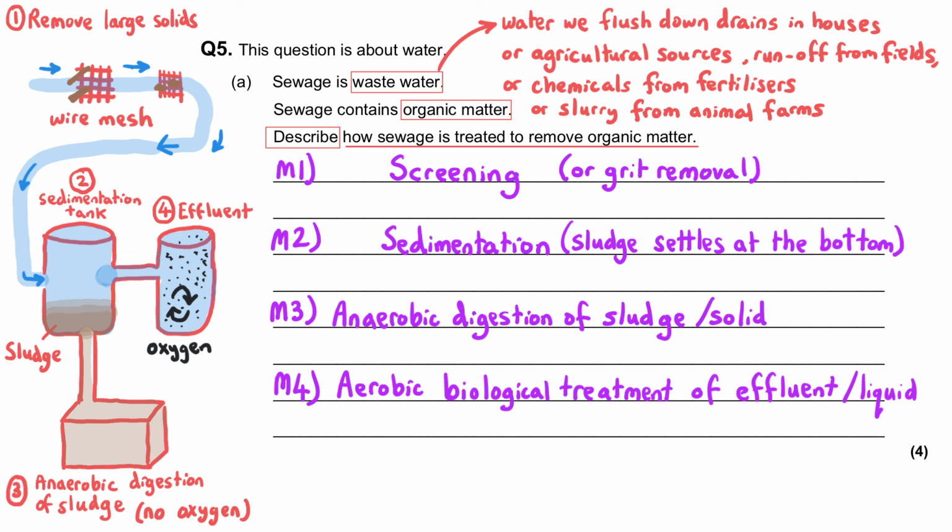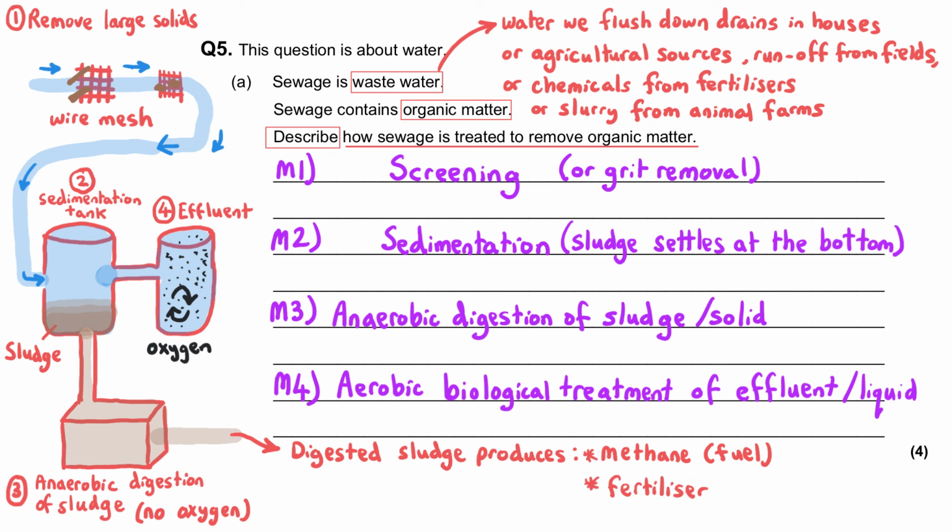And then having finished this process off, the sludge is now much safer. We get some added benefits as well from this digestion because the sludge can be converted into methane gas. And we can also use the leftover sludge as fertilizer. So we're taking something that is very literally waste and we're making it into two useful products, one that's a fuel and another that helps our plants to grow.